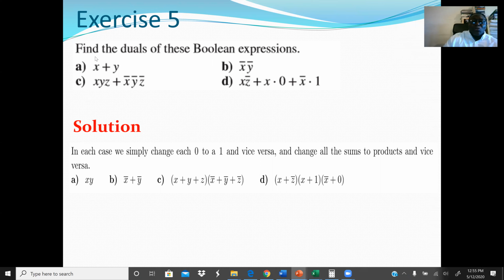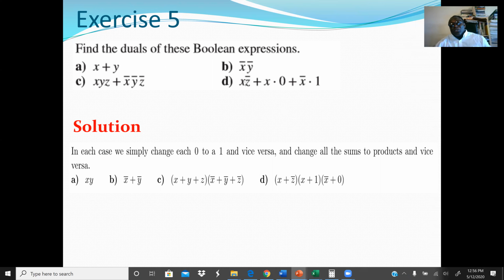So if I have S plus Y, I will change the plus to multiplication. Here B, I have complement, S invert, Y invert, or complement, multiply. So I'll change it to addition. And here I have S times Y times Z, so it will be S plus Y plus Z. S invert times Y invert and Z invert, so it will be S invert plus Y invert plus Z.